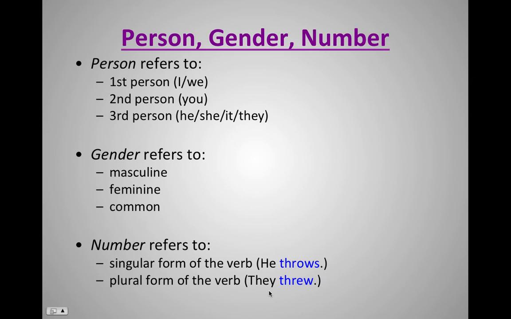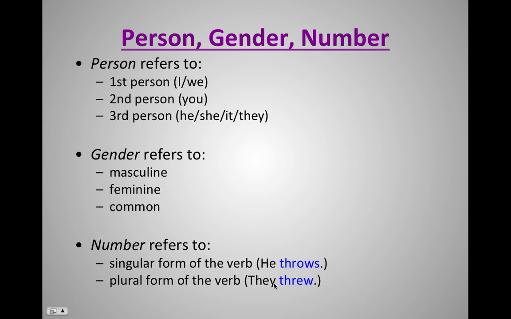Again, you can hear there's something sort of wrong with that combination, because throws belongs with a singular subject, whereas threw belongs with a plural subject. So our goal is not to learn all the rules about how English verbs are associated with singular or plural subject nouns, but these examples just show you that Hebrew verbs do the same types of things. They change their spelling to match either a singular or a plural subject.